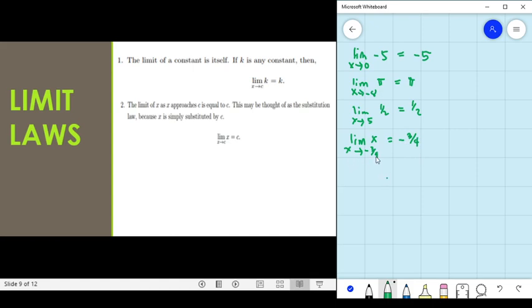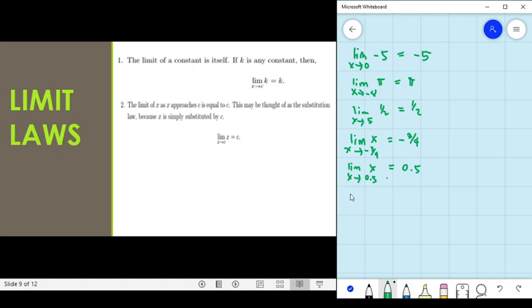So unsay gi-approach sa imong x, mao na ang answer. Okay, another, you have the limit of x as x approaches 0.5. So ang value is substitute ra nato dito ang x, which is 0.5. So the answer would be 0.5.